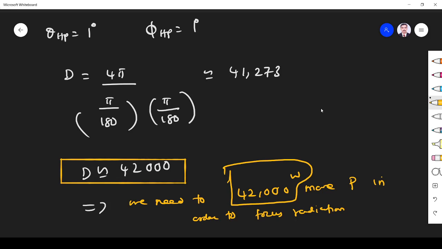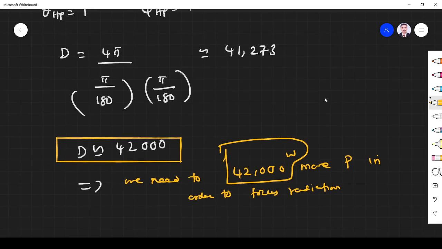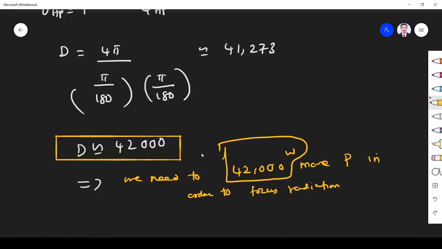So that's what directivity is. Since we have a directional antenna, that much power is saved. That is the meaning of a directivity of 42,000.